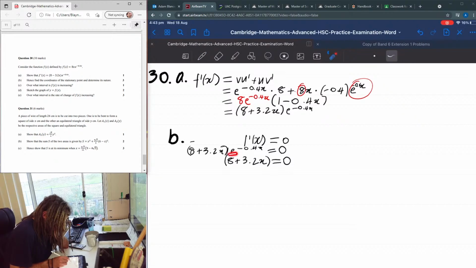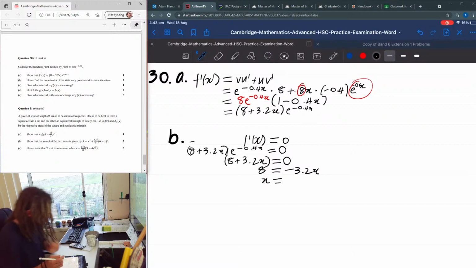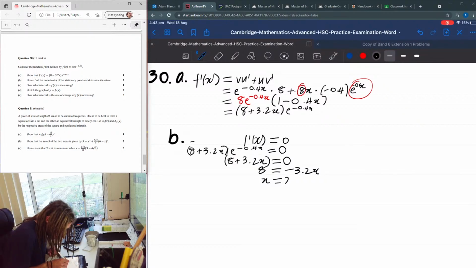The reason that's not possible is because there's asymptotes and there's nothing I can point to there to make it 0, it'll just be 1. So that means 8 equals minus 3.2x. That means x equals 8 divided by, it's 2.5. Okay, positive 2.5. Should that be negative? By my mistake? Yes, because that whole thing was negative in the first place. You idiot.